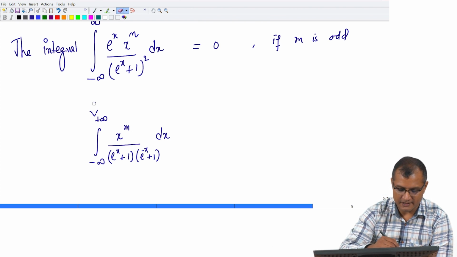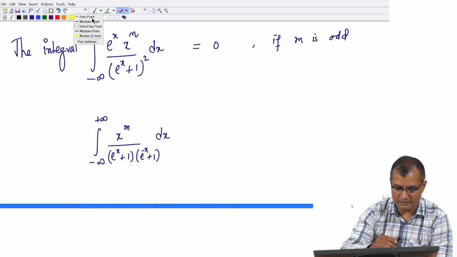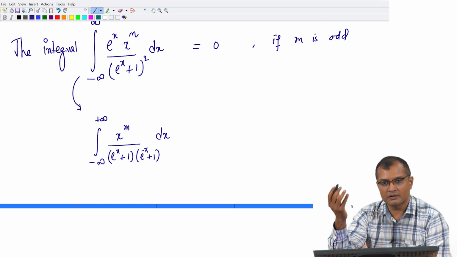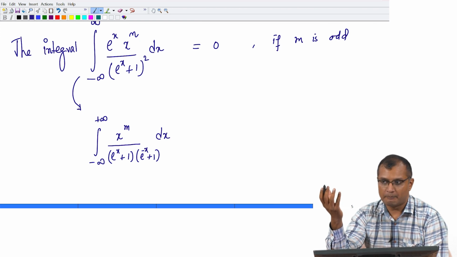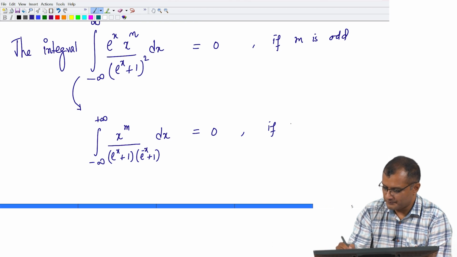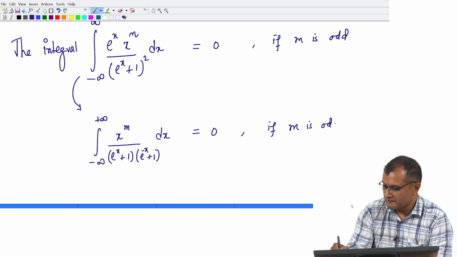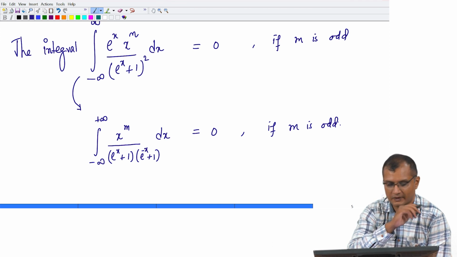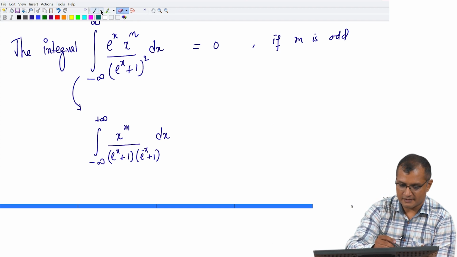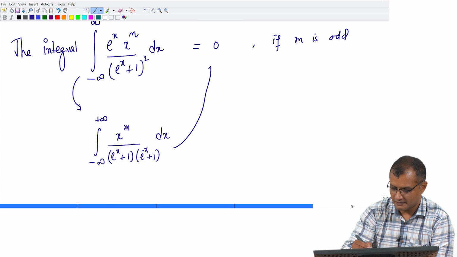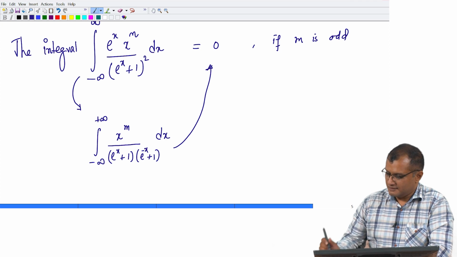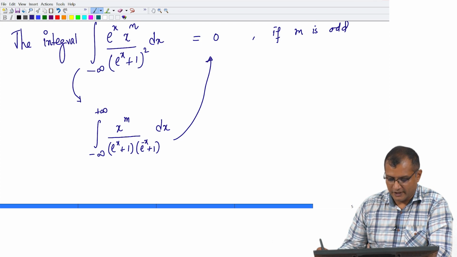Okay. Now, you can see that the evenness or oddness of this integral depends entirely on the value of m. Okay. So, I can say that this is 0 if m is odd, okay. Or you can just say that since these are the two same integrals, the answer to this is nothing but twice the one-sided integral. Okay. So, we just have to compute for values of m which are even now.